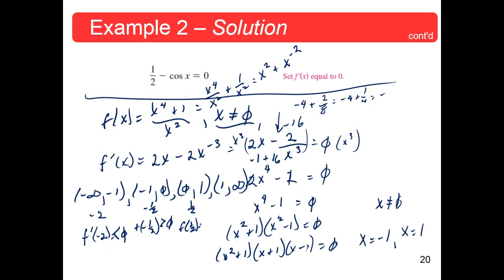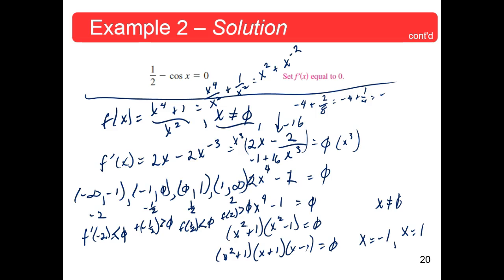And 1 minus 16, I think, is pretty negative. Okay. And then pick a number between 1 and infinity. 2. And f prime of 2. Let's go up here to it. That'd be 4 minus a small number is going to be positive. Right?